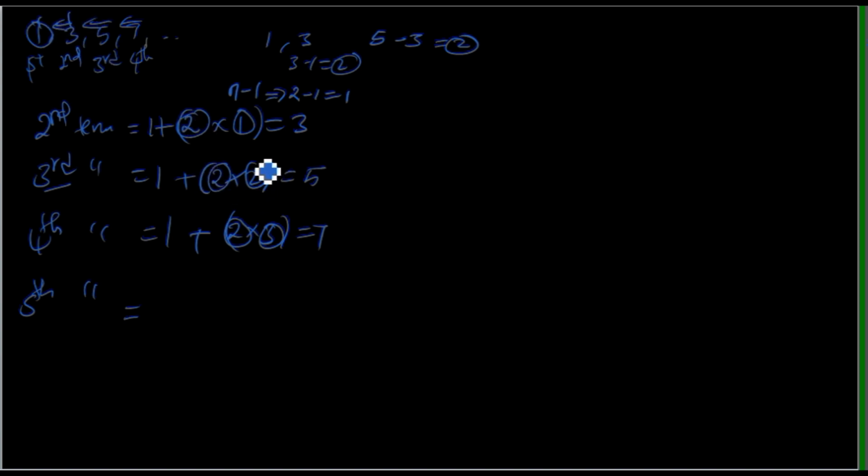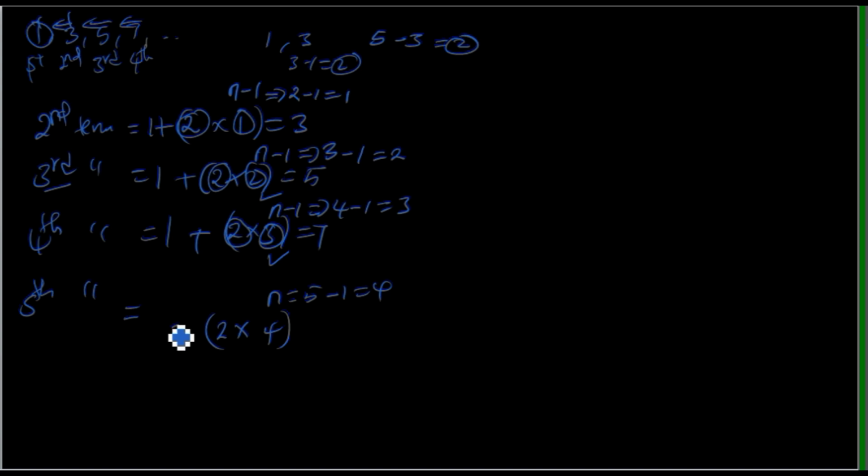And how do we get 2? Take the number of terms, subtract 1. In the fourth term, the number of terms is 4. Subtract 1, you get 3. So in the fifth term, the number of terms is 5. Subtract 1, you get 4. So this 4 you multiply by 2 and then add 1, you get the fifth term to be 9.